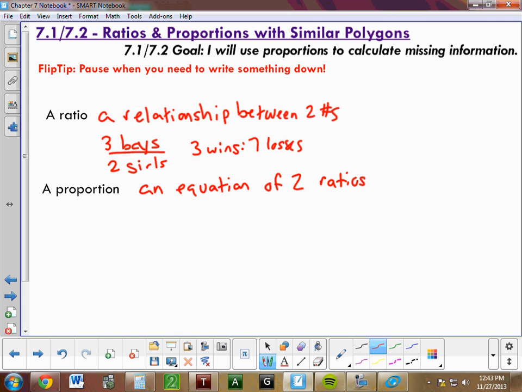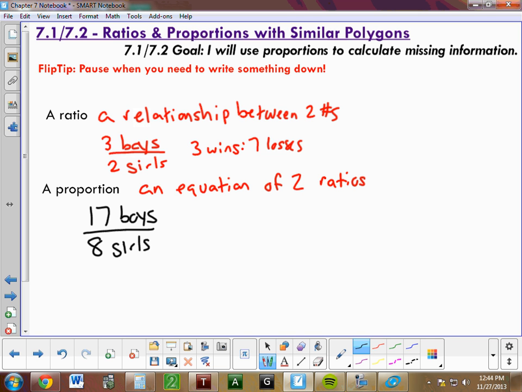You might want to use a proportion to figure something out, setting up two different ratios to solve something. An example would be in our Block 3 geometry class: there are 17 boys to 8 girls. So that's a ratio.